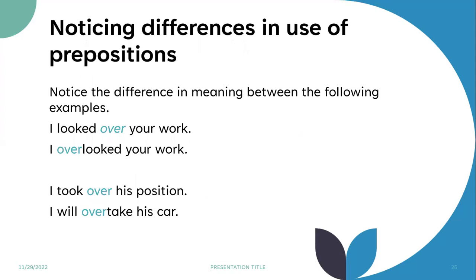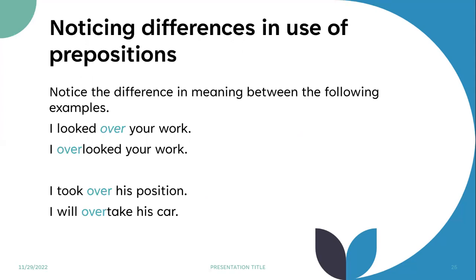So I move on to noticing differences in use of prepositions. Notice the difference in meaning between the following examples. "I looked over your work" versus "I overlooked your work."